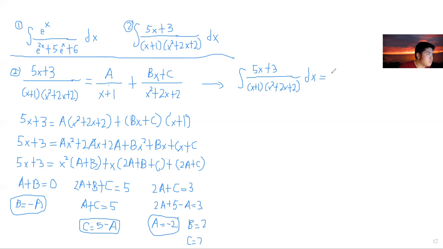So which is equal to a, which is negative 2, over x plus 1 dx, plus 2x plus 7 over x squared plus 2x plus 2 dx.